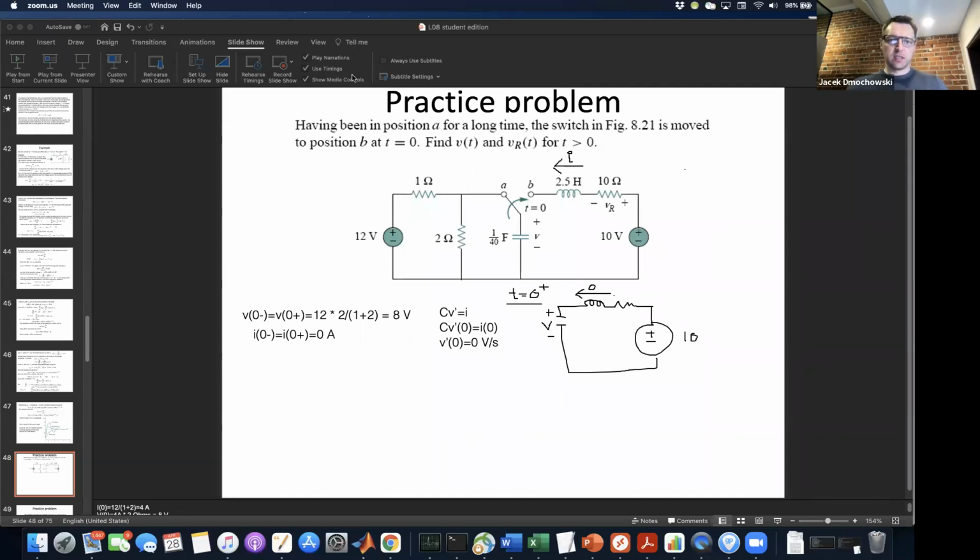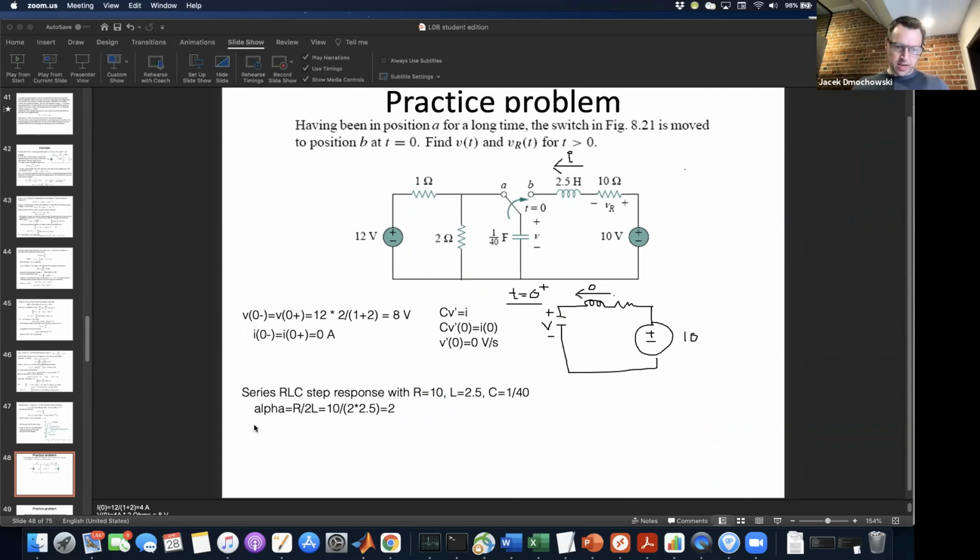So this is a series RLC step response with R equal to 10, L equal to 2.5, and C equal to 1/40. And we also know that alpha is equal to R over 2L, which is 10 over 2 times 2.5, equal to 2.